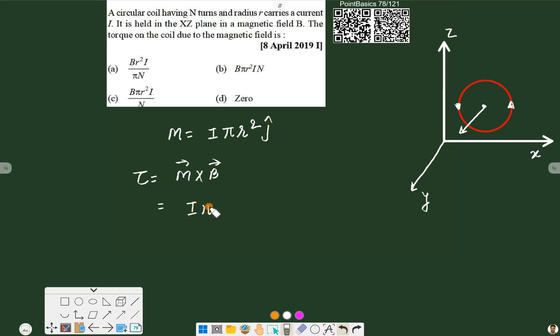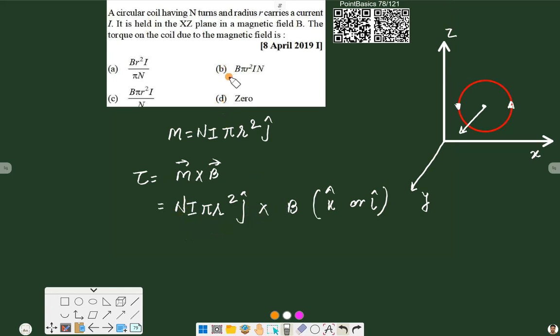So I pi r square j cross the magnetic field, suppose B. If we want to have torque here, then the magnetic field needs to be in either k or i. Only then we will have the answer I pi r square B, and we are going to have n also here because n turns are there. And if the magnetic field is also in the j direction, then 0 will be the possible answer.